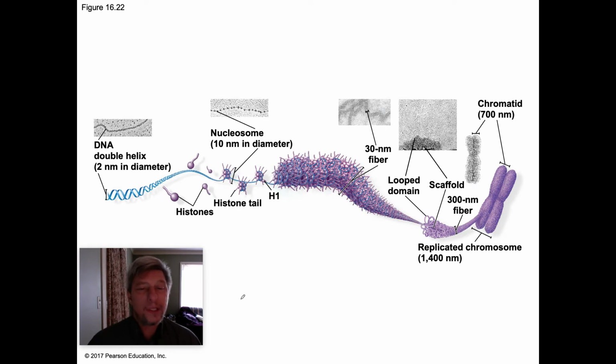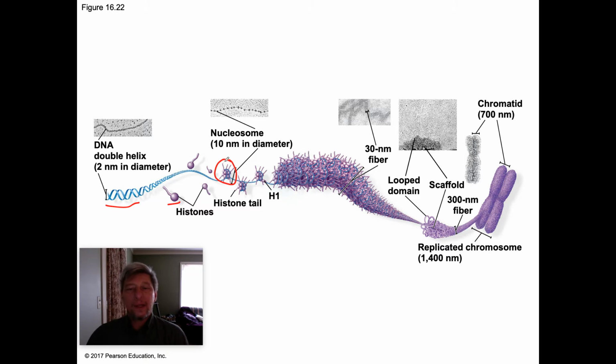And so this is what I'm talking about. Hopefully this gives you a better idea of what I was babbling about in the previous slide. So here's the double-stranded DNA, and this represents a histone. You take 8 histones and you wrap the DNA strand around it twice, and you can see that very clearly in the area I've just circled. And this is what we refer to as a nucleosome.